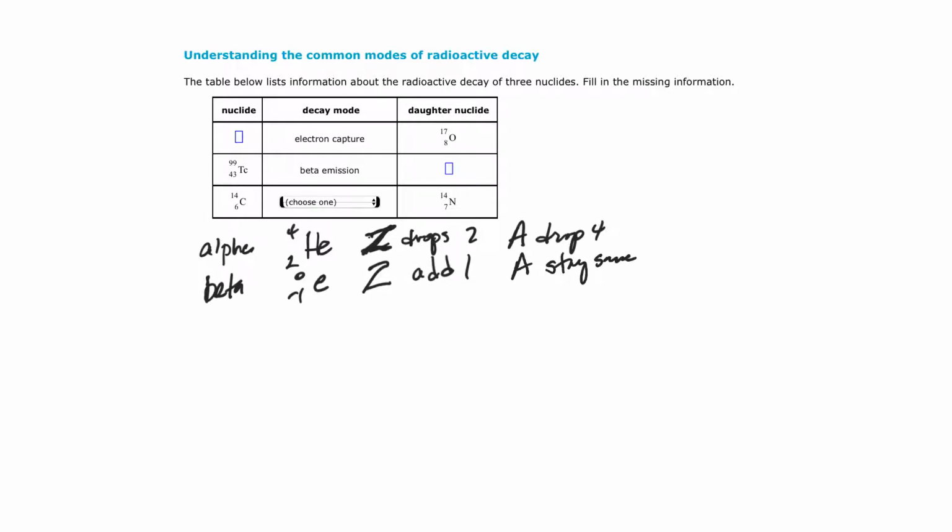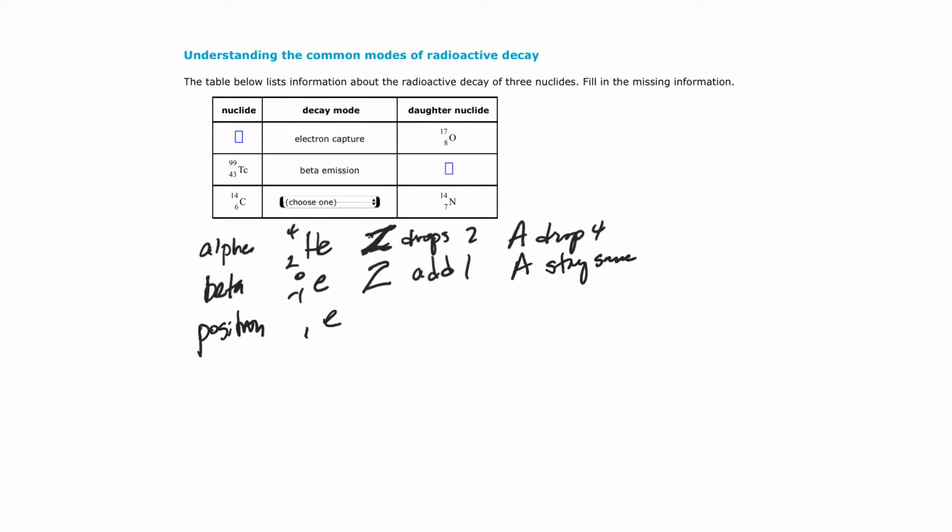And the next one is positron emission. A positron gives me a headache. A positron is something on the order of a positive electron. It's just backwards in charge.